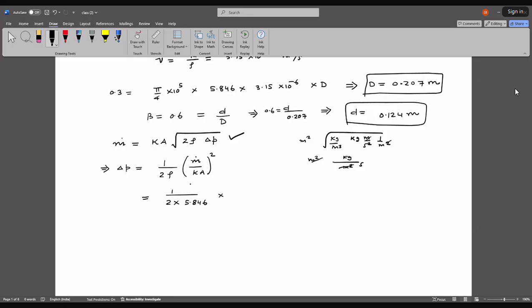M dot is 0.3 kg per second. And area is pi d square by 4, with the orifice diameter 0.124, so 4 goes to the numerator, into K. This K we do not know.